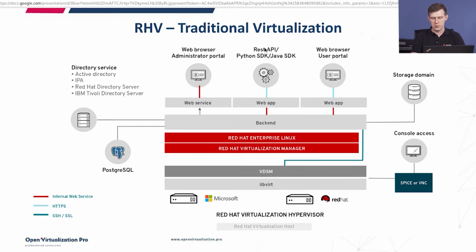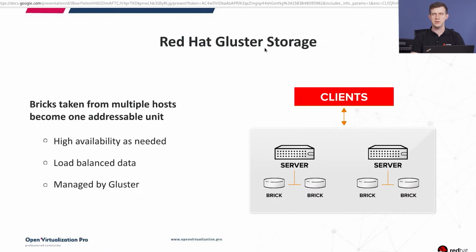So what is the difference between a single Red Hat Virtualization and Red Hat hyperconverged infrastructure? The main difference is that with hyperconverged we have a second player included, and it's Gluster Storage. So what is Gluster?